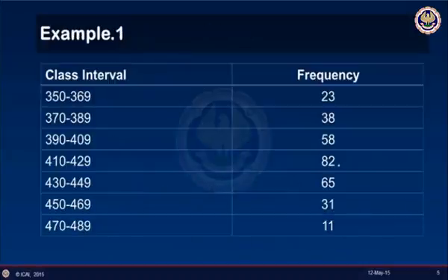Now look at an example related to grouped data for mode.